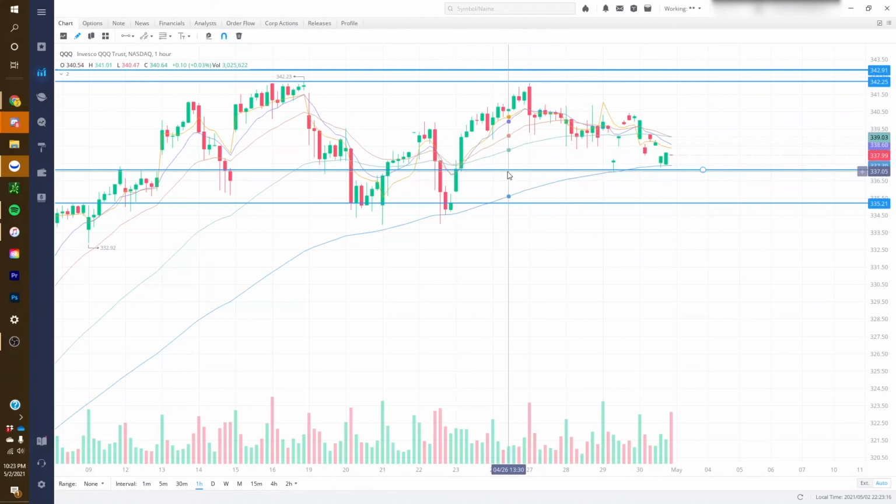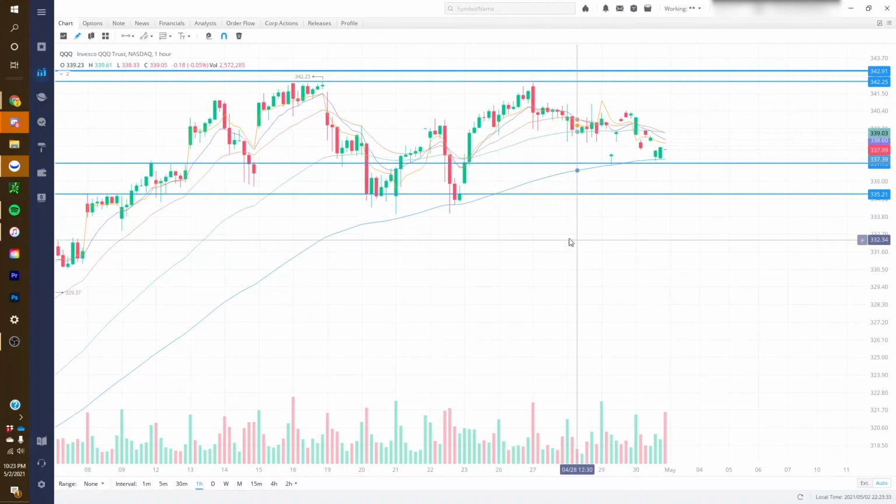So these are good areas to buy after a breakout. The stock broke out here, closed above the resistance, and then came back down, tested the support. When it comes back down to test, after you get that confirmation that it's going to stay above, it's a great time to buy. So that's support now, because the stock is above it.